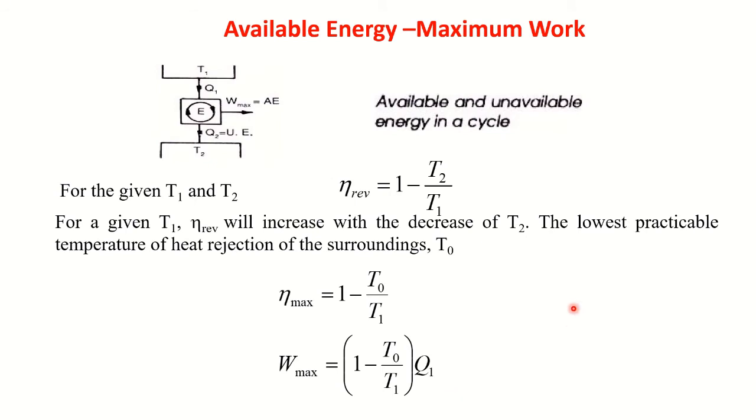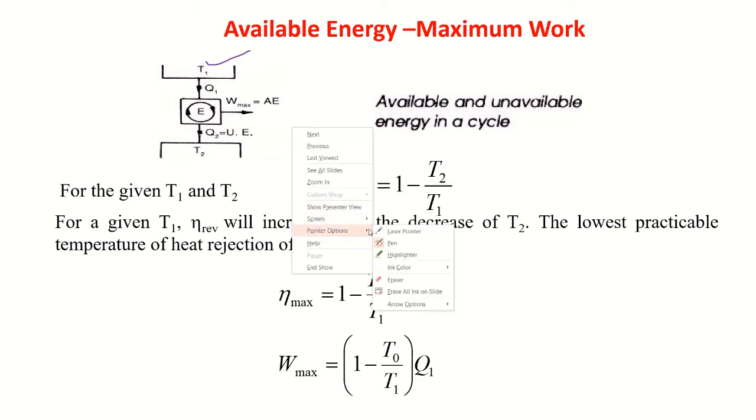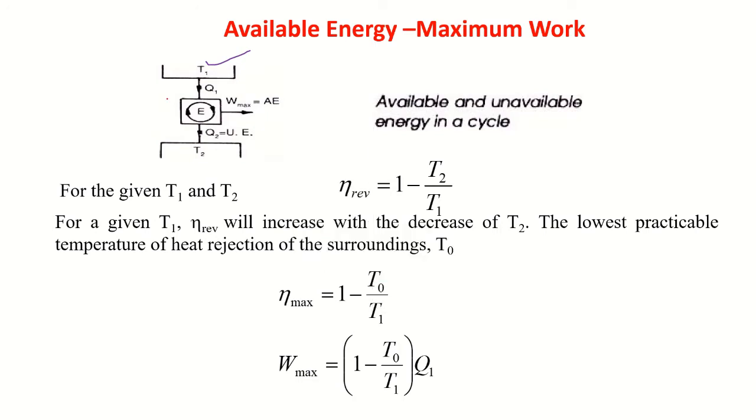So now we'll find out this maximum work. Consider the reversible heat engine. Source temperature is T1. Sink temperature is T2.